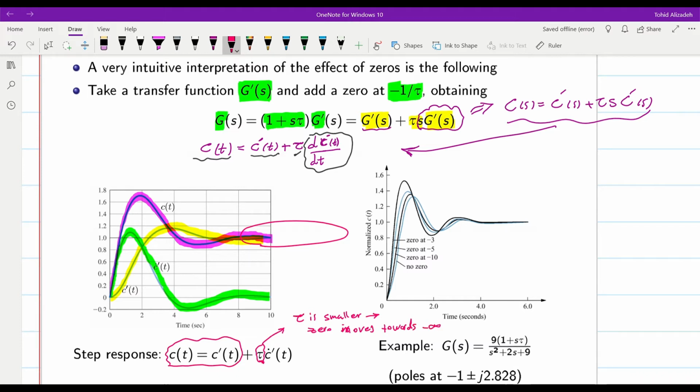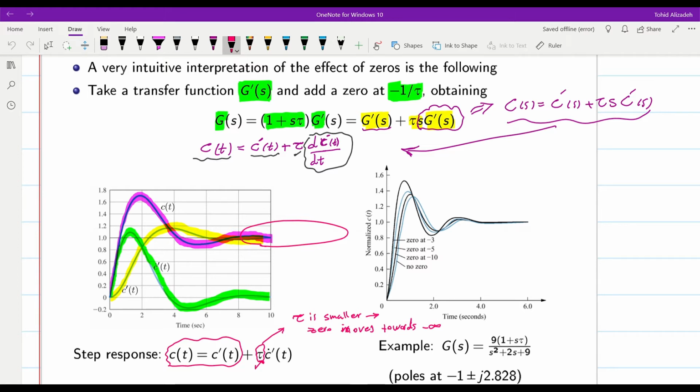But as tau becomes bigger and bigger, the 0 moves towards the origin. And it will have a bigger effect. So this is in general a good thing to remember. If the additional 0 is closer to the origin, its effect will become bigger. If the additional 0 is further from the origin, towards minus infinity, its effect will be smaller and smaller.